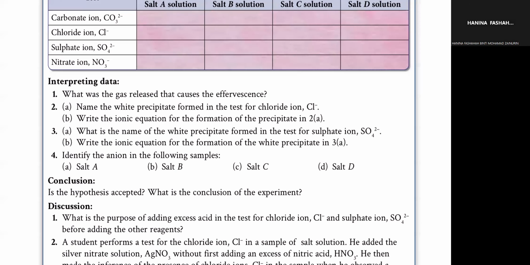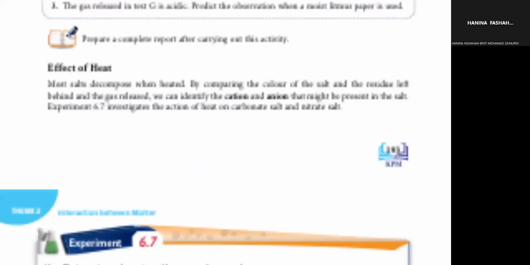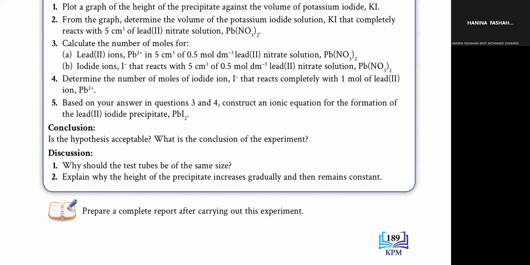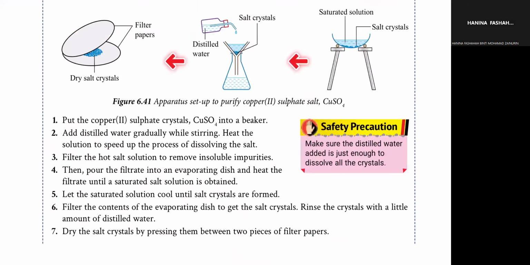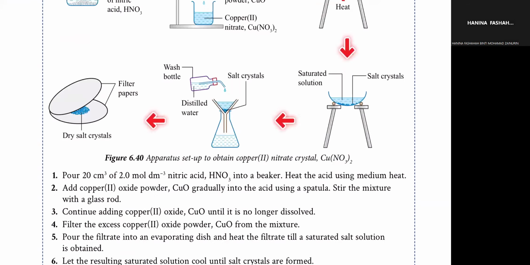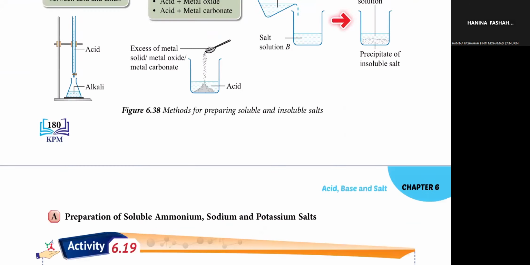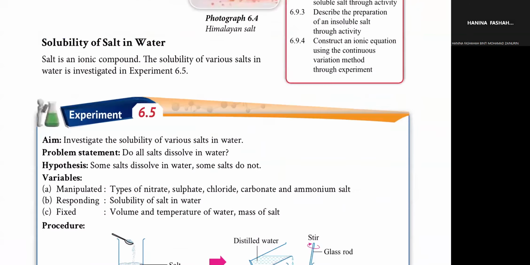Acid and alkaline. So acid, these are the four things: metal, metal carbonate, metal oxide, metal hydroxide. If it's alkaline, they react with metal ion, and also react with acid. Same thing, because alkaline reacts with acid. Then one more is ammonium. I show you.